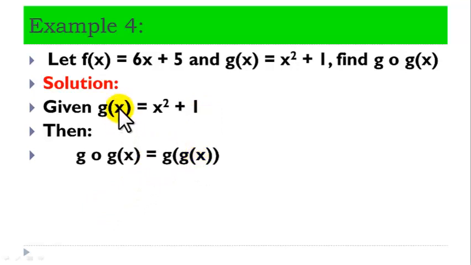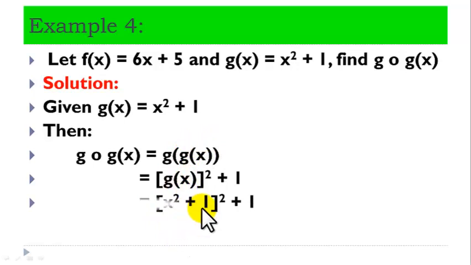That is, put g of x in place of x to obtain g of x squared plus 1. But g of x is x squared plus 1. So this will give us x squared plus 1 all squared plus 1. Expanding this and adding 1, we obtain x to the power 4 plus 2x squared plus 2.